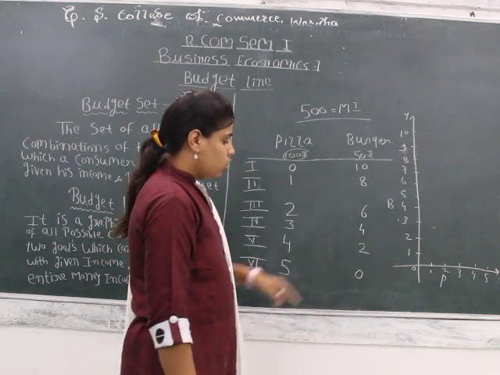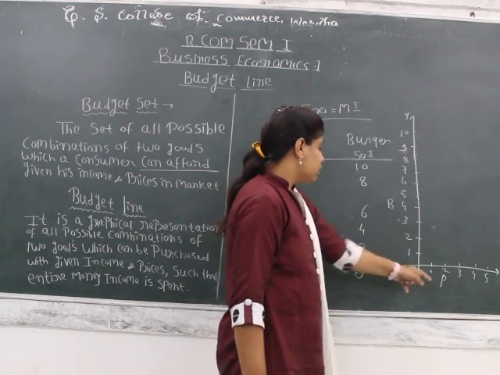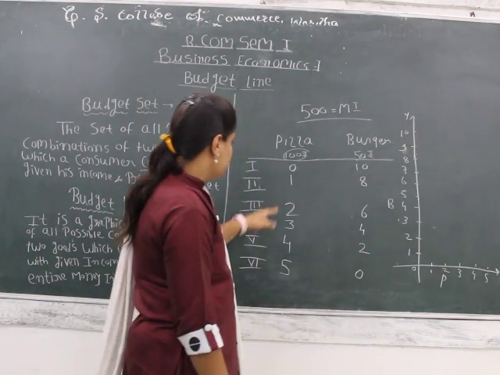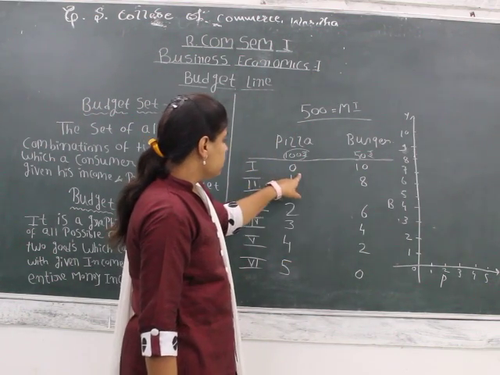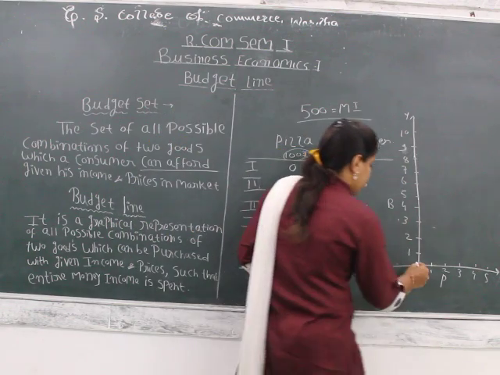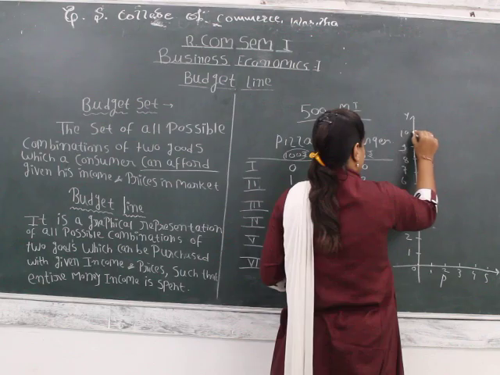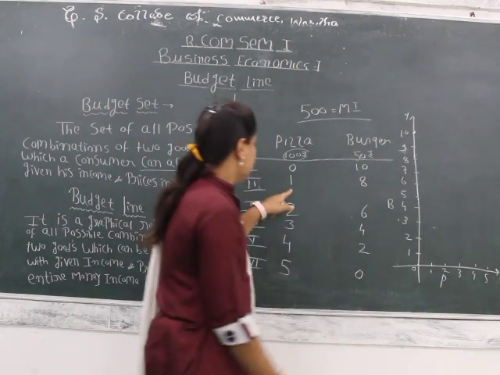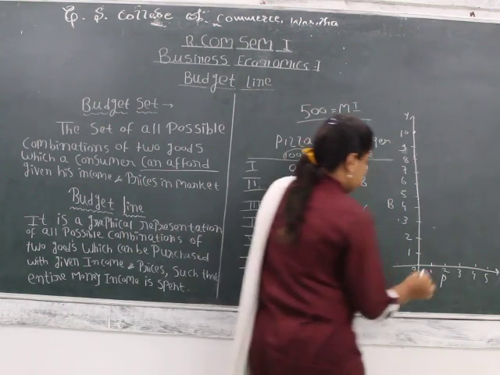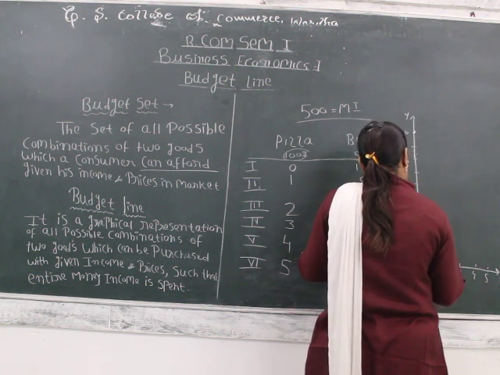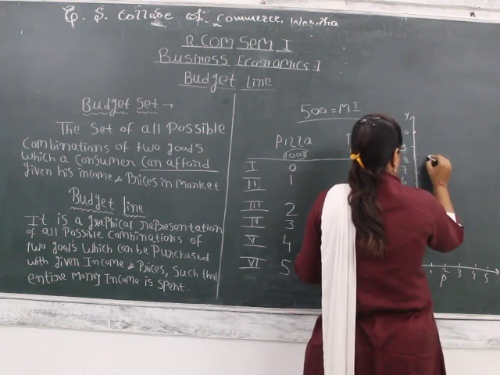Here you can see the different combinations that we are going to plot in this graph. What is the first combination? 0 pizza and 10 burgers.